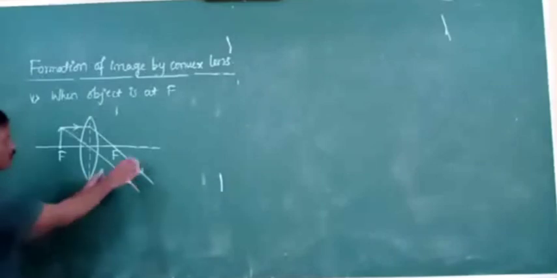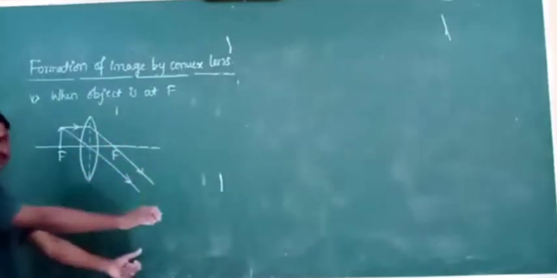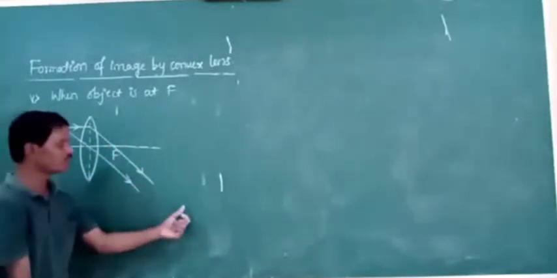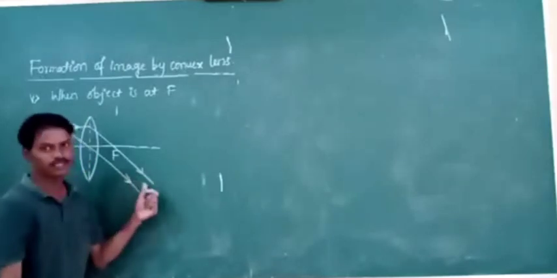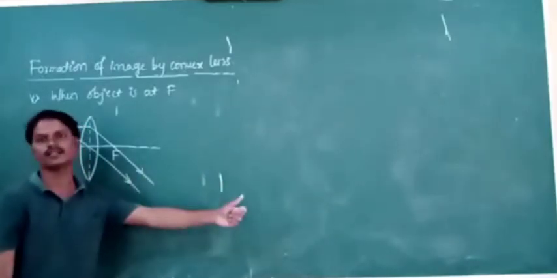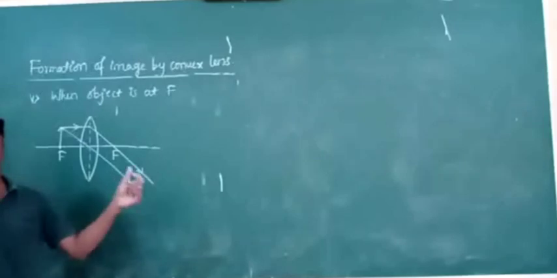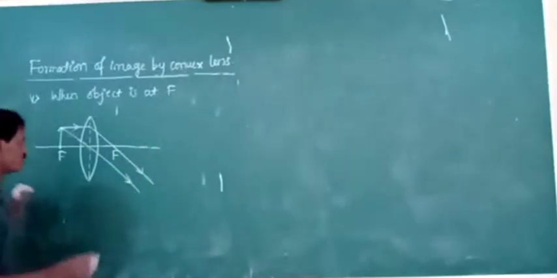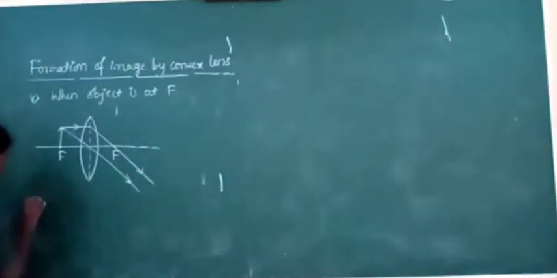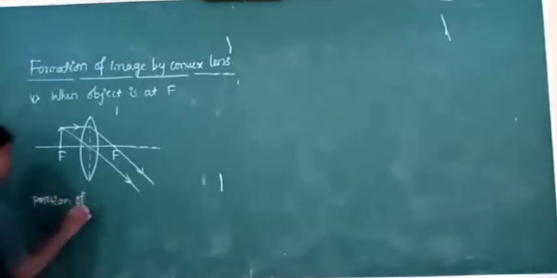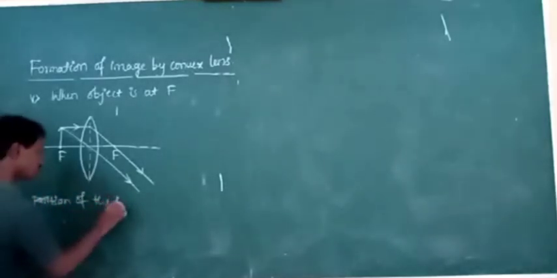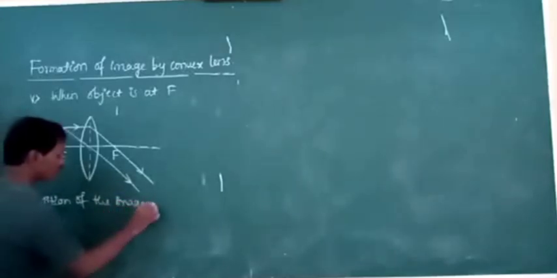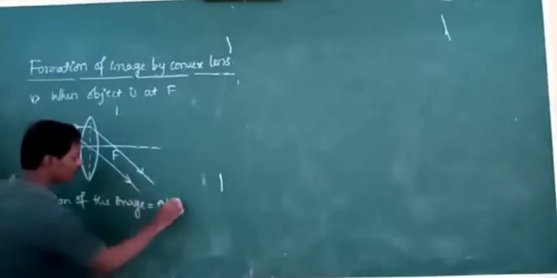Here, the refracted rays are parallel to each other, which means they will meet only at infinite distance. What is the position of the image? The position of the image is at infinity.